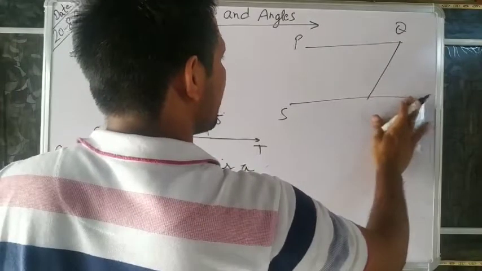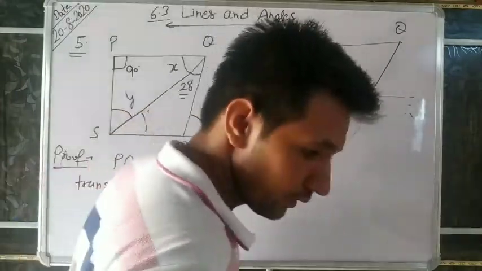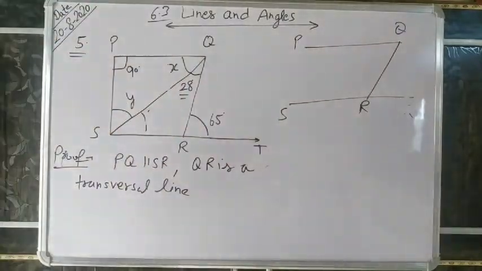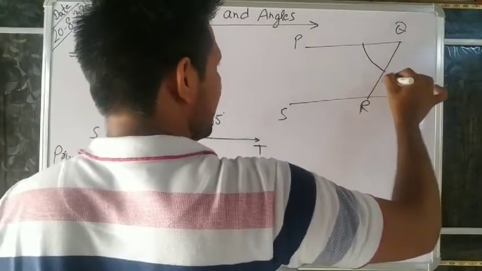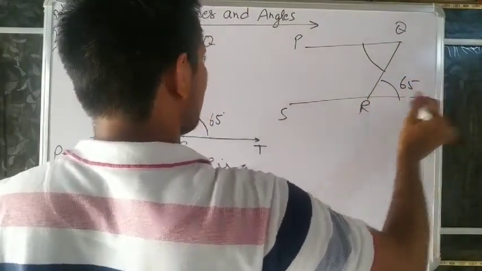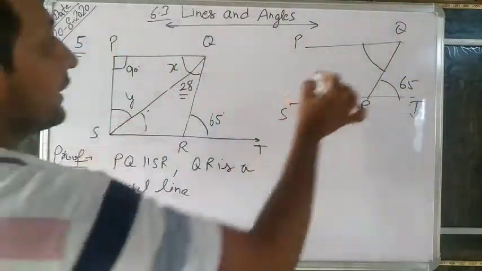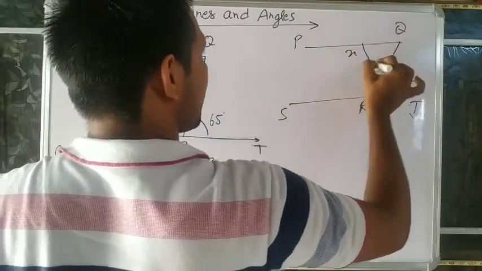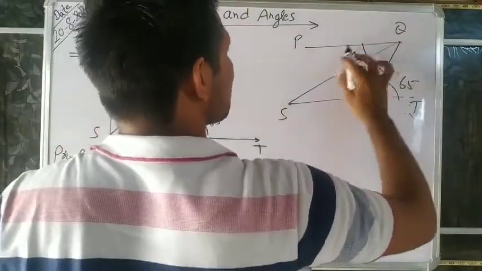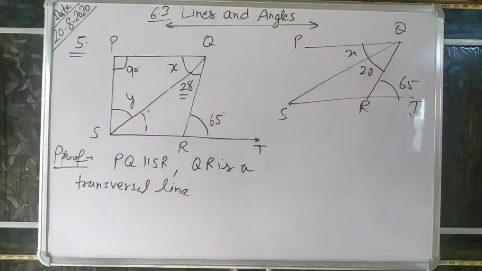Suppose R is given here. Then this total angle equals this one. It is 65, and this is X plus 28, as given. So X plus 28 equals 65.